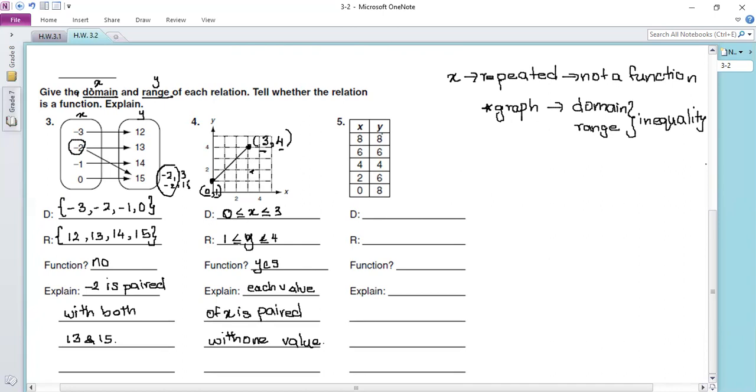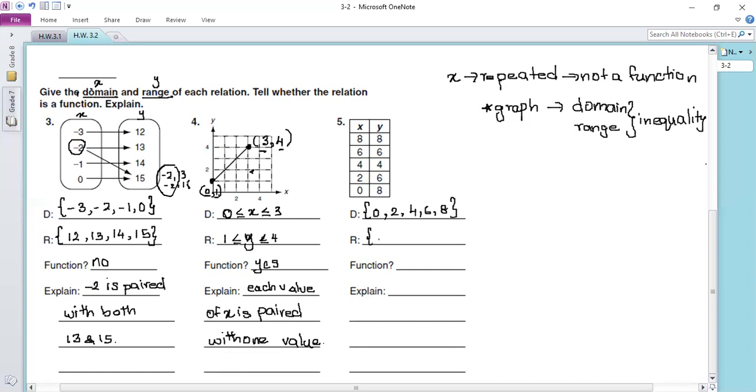Okay, so here is a table, so we need to write the domain. To write the domain, you have to write all the values of x. It's better to write from least to greatest. So to start from least to greatest, we have 0, 2, 4, 6, and 8. The value of range is the value of y.